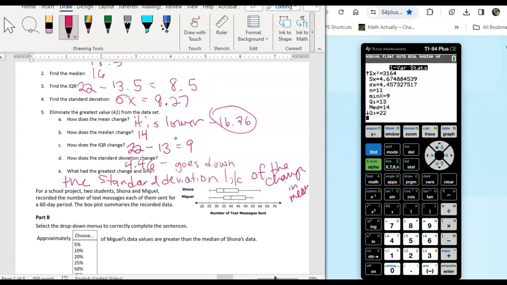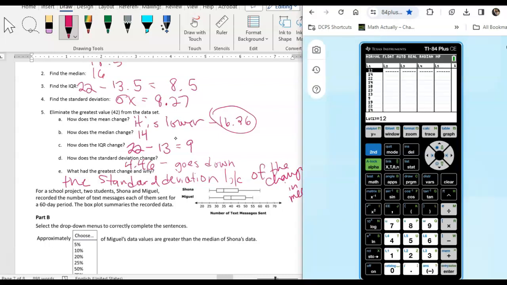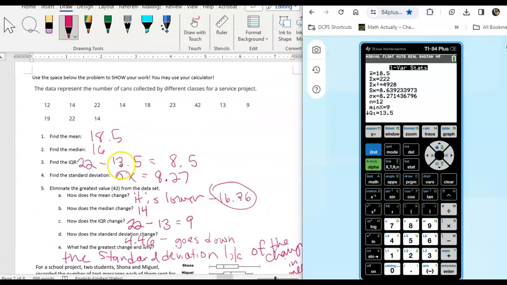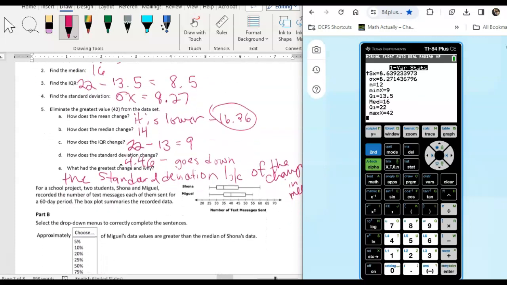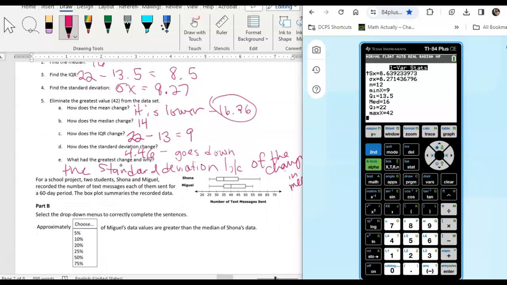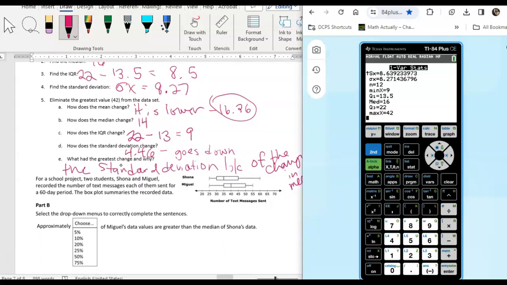So if we go back here and we look at this data, if I were to add that 42 back in, and then I go to Stat, Calc, the mean changes quite a bit there as well. And so because of that change in mean, the standard deviation is also going to change.